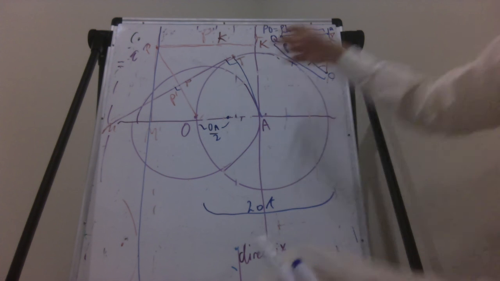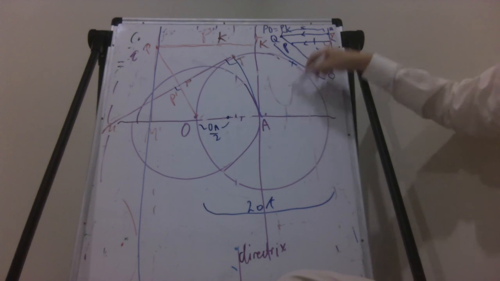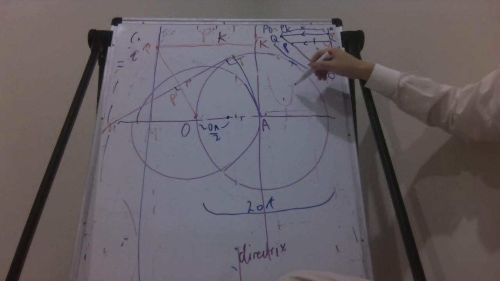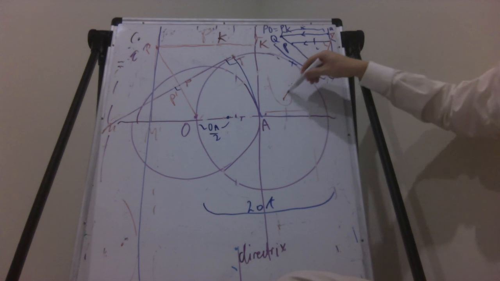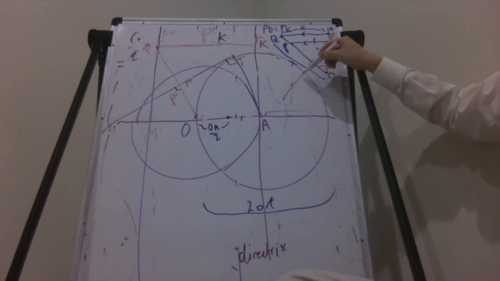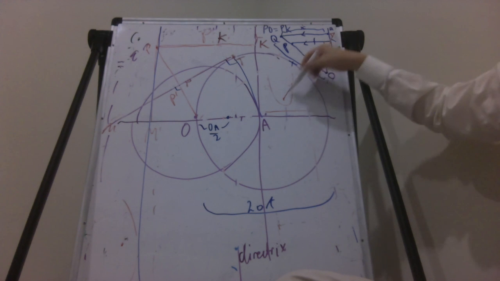Another way of seeing this little lemma, it's kind of obvious if you think about it. You have a parabola, and any point here, you draw in the focus line, and it doesn't meet the parabola again, because if it meets it again, that's when it's equidistant again.